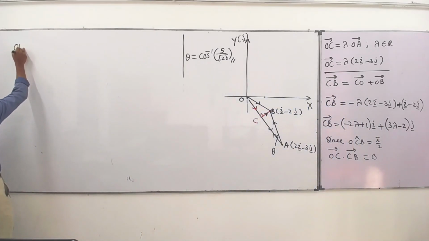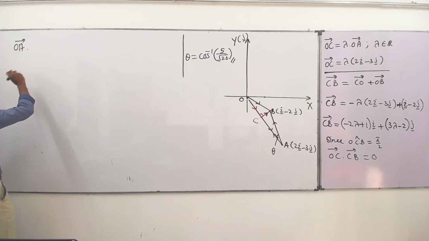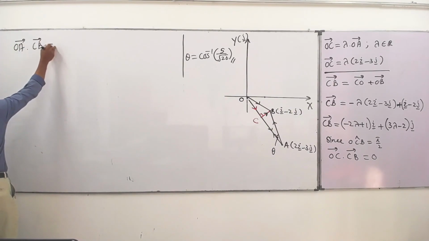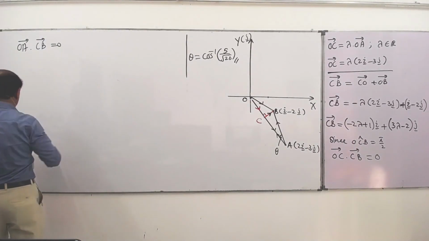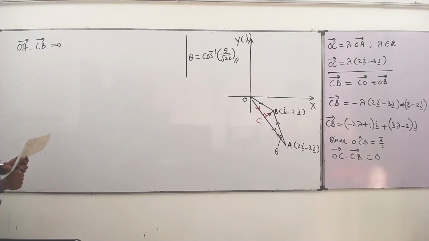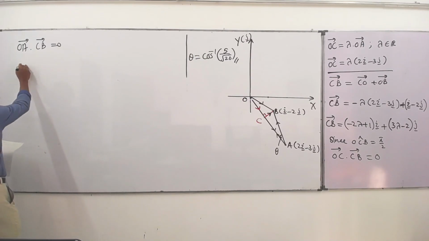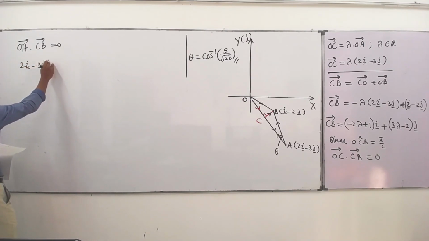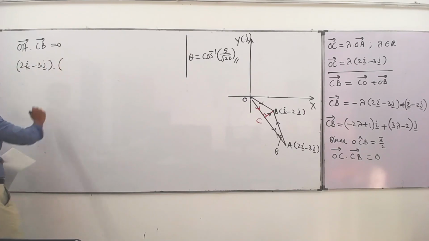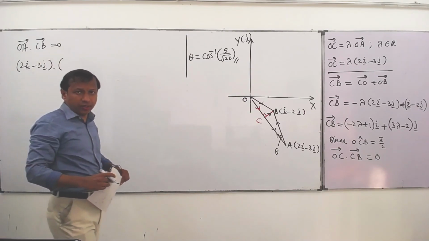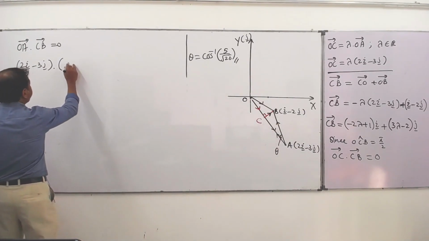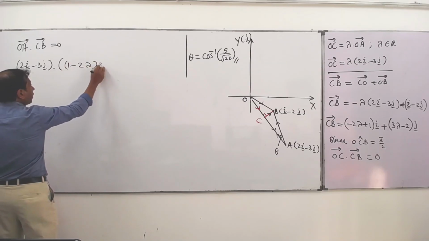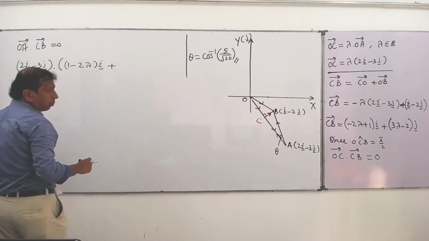OA vector dot CB. Right, so then OA dot CB is 0. Then OA vector we know it is 2i minus 3j. CB vector, right people, CB vector we know this is minus 1 minus 2 lambda i plus 3 lambda minus 2 j.